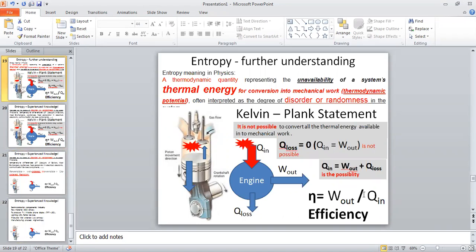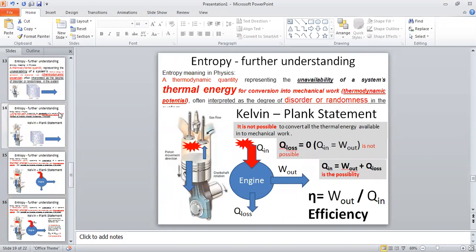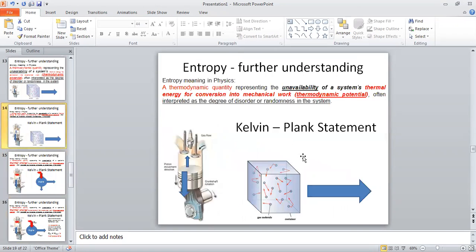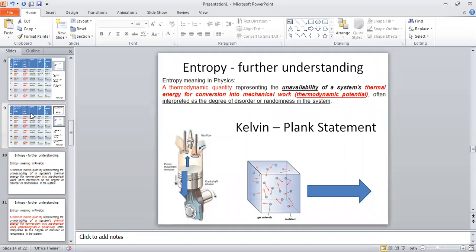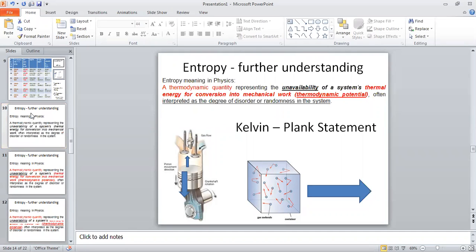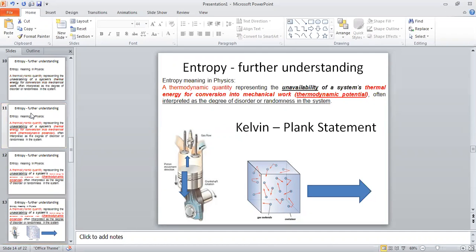about the efficiencies, Kelvin-Planck statement, and about this kinematics, and not all the thermal energy available is producing mechanical work, so there is loss of availability of thermal energy for mechanical work that reflects the entropy and all.